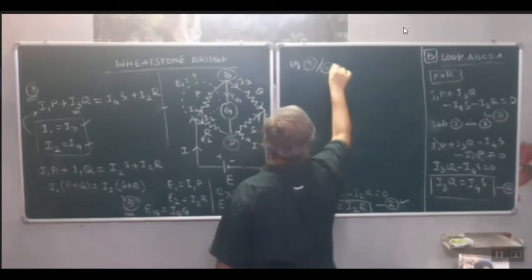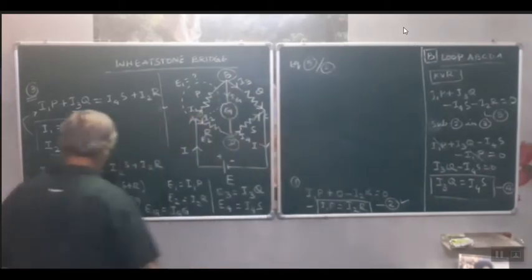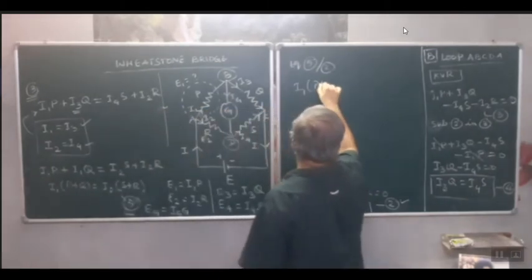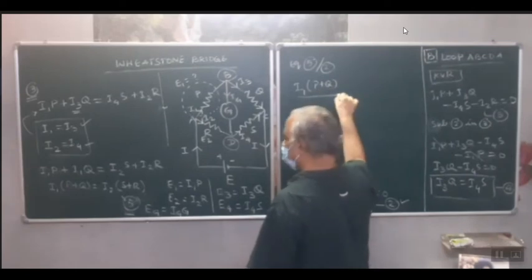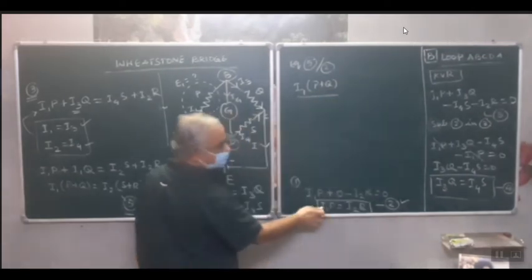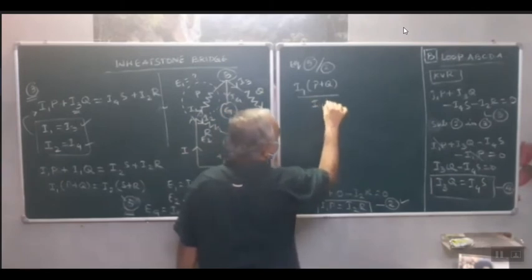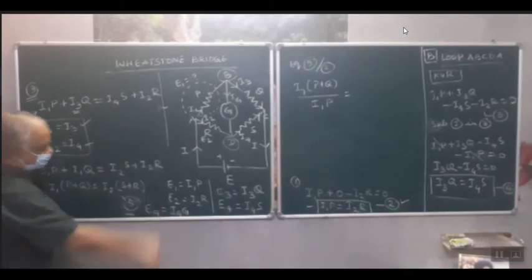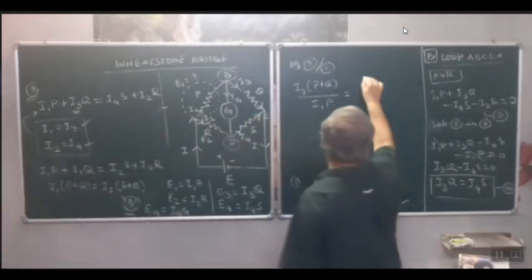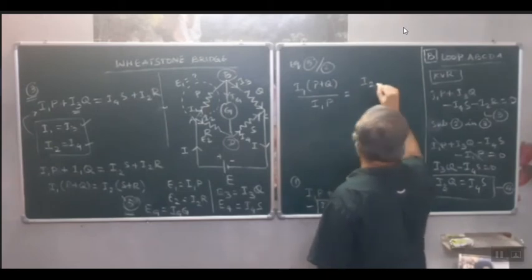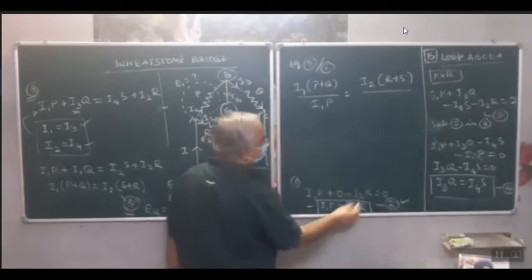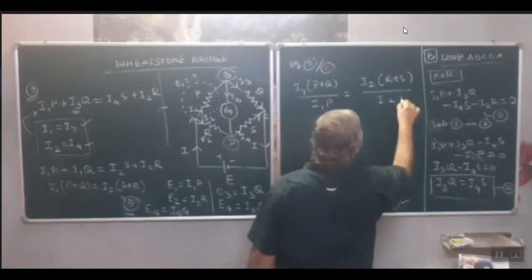So let us divide equation 5 by equation 2 so that we can eliminate the current terms I1 and I2. So I1 of P plus Q divided by I1P is equal to I2 of R plus S divided by I2R.